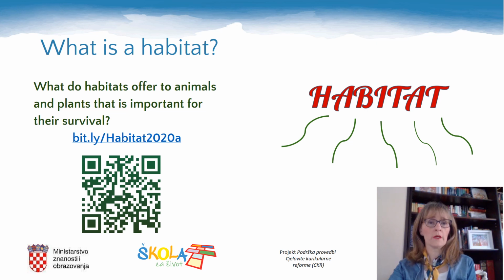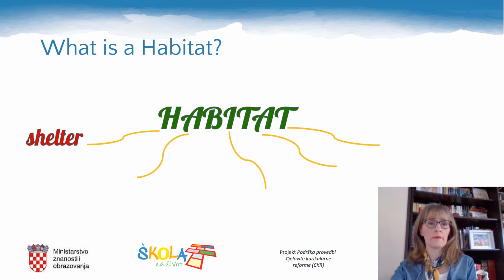Which elements are essential parts of habitats in your opinion? You can check what you have written into your notebook by watching this video. Just scan the code or copy the link. When talking about a habitat, we have to include a shelter.